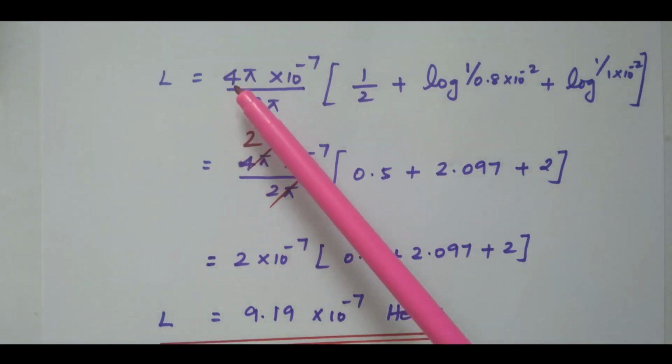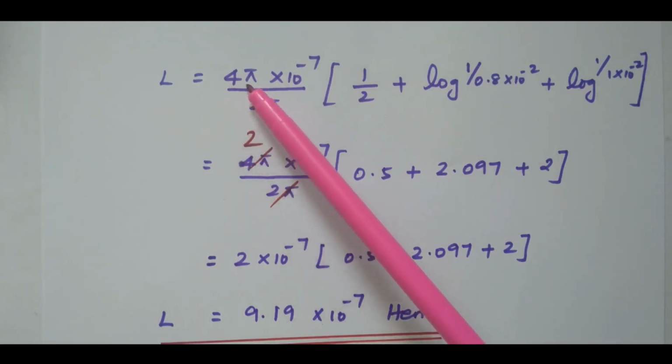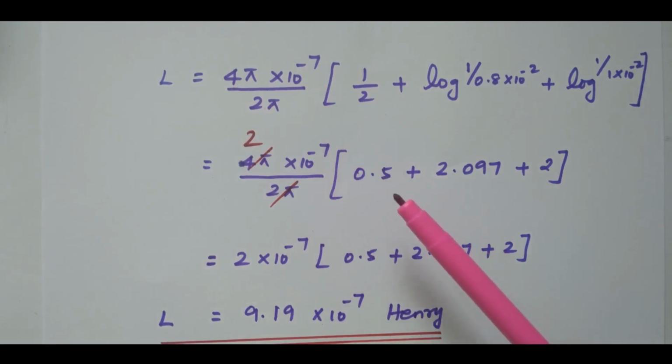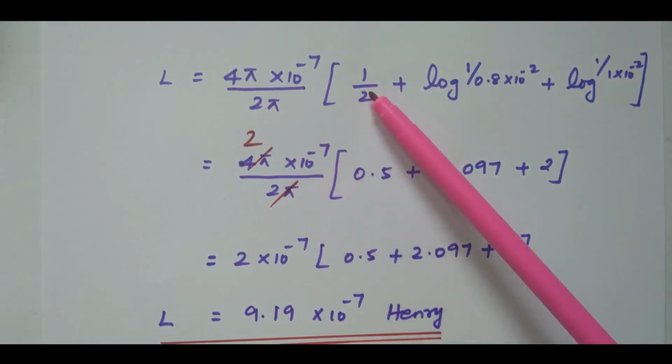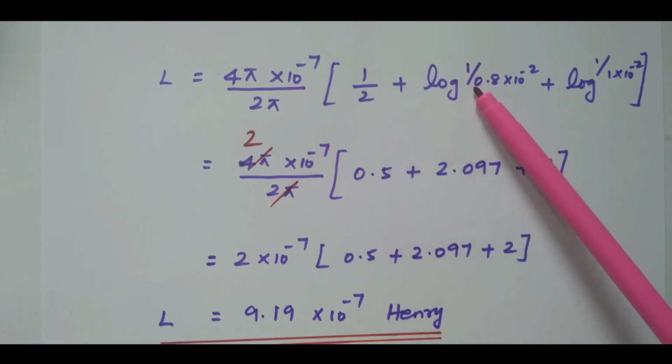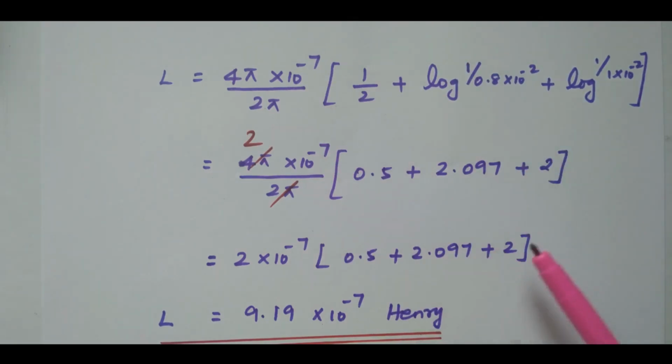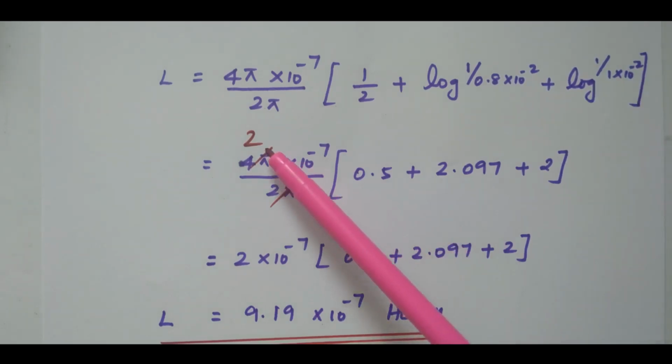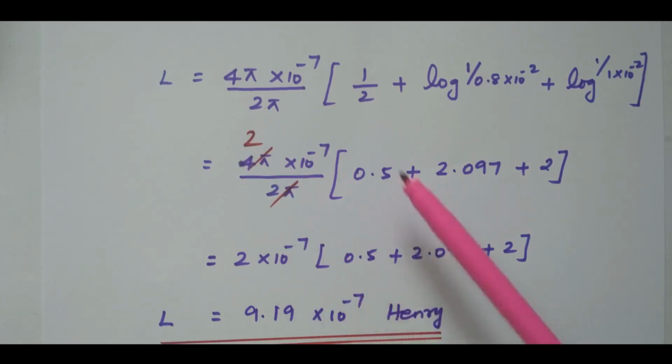Now we'll substitute the values one by one. Mu naught is nothing but 4 pi into 10 to the power minus 7. Mu r is 1, we assume. Divided by 2 pi, into 1 by 2 plus log d by A. D is 1, A is 0.8 into 10 to the power minus 2, plus log d by B. D is 1, B is 1 into 10 to the power minus 2. Right? This 4 pi and 2 pi, the 2 gets cancelled. This 1 by 2 is nothing but 0.5.